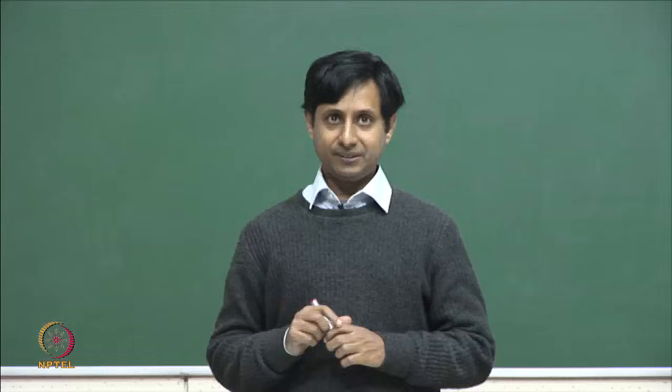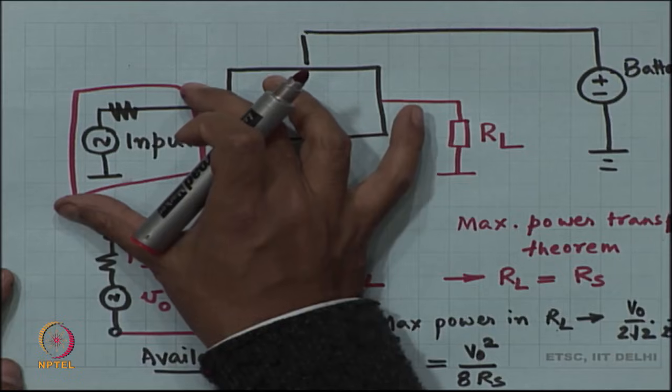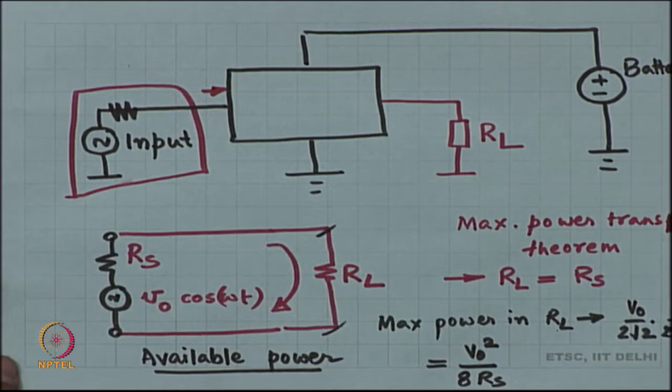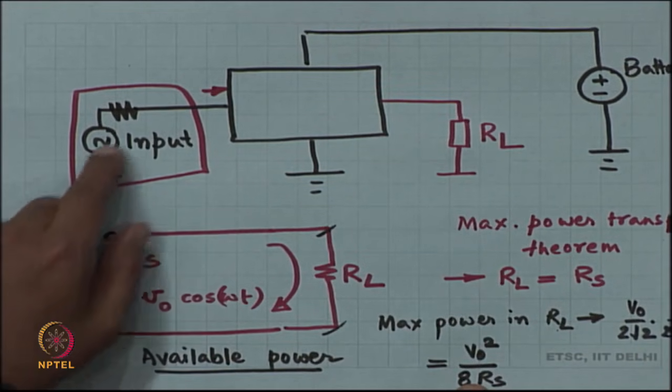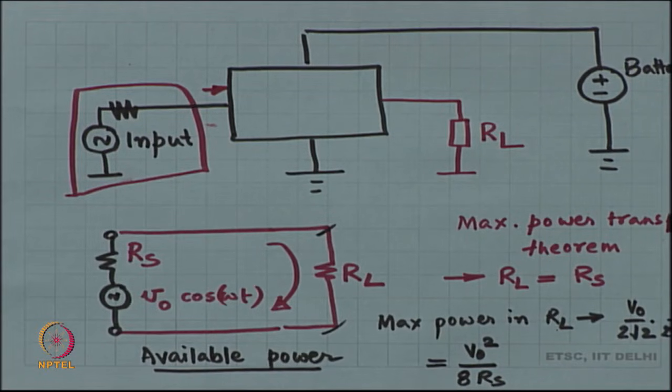Now, the question is about this available power at the input. So, the maximum power that I can draw from the input, this black box can draw a maximum of V naught squared by 8 R s over here. That is the absolute maximum power that this black box can draw from the sensor.